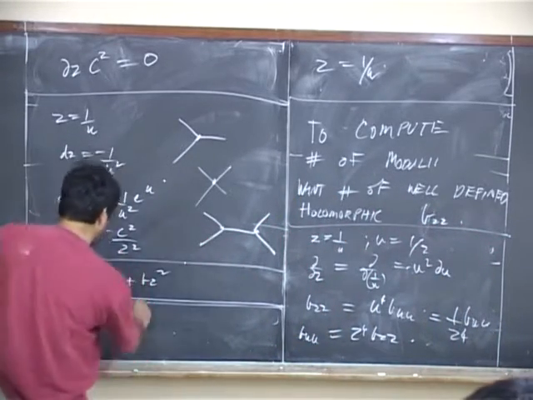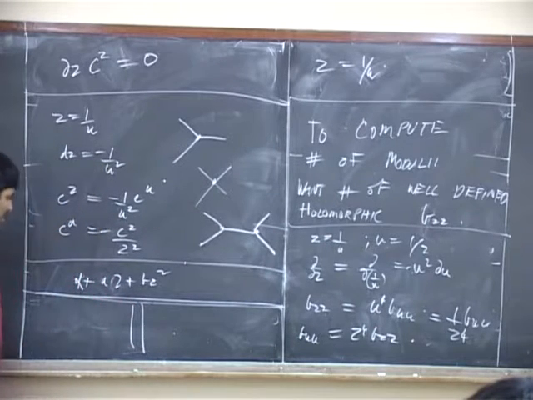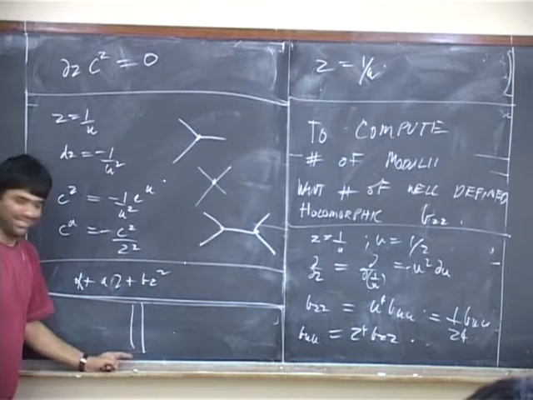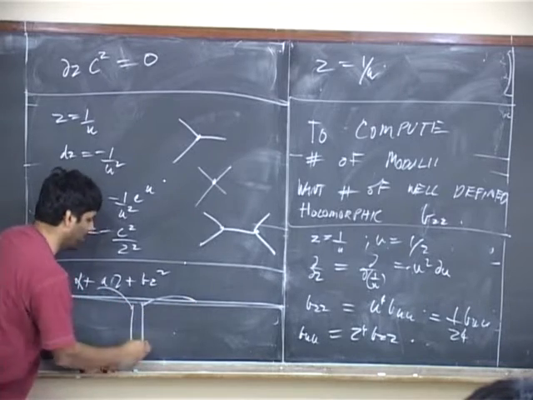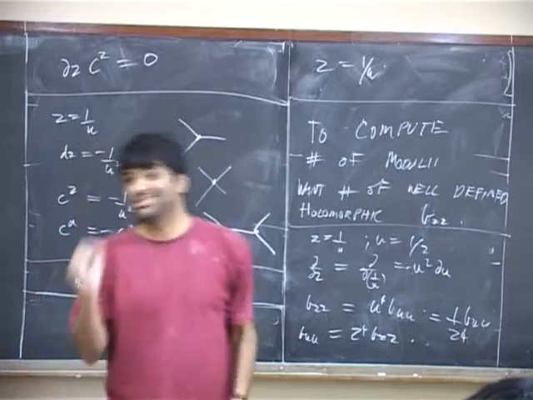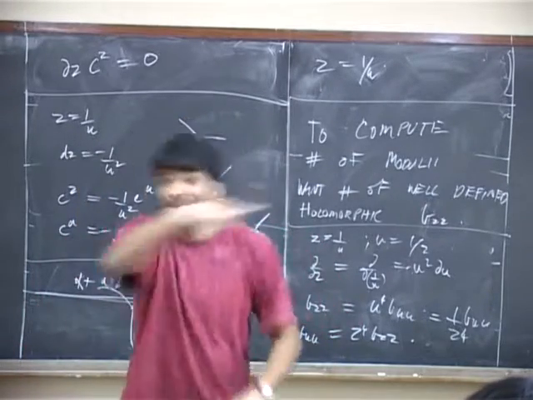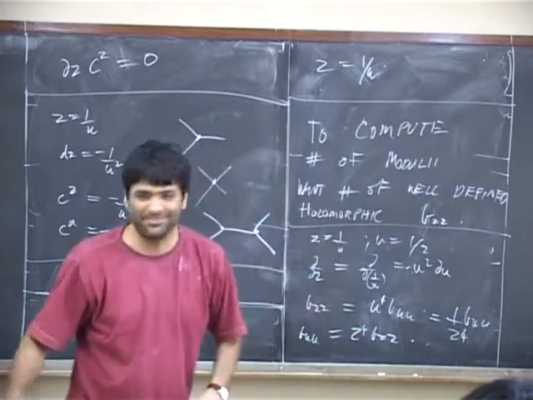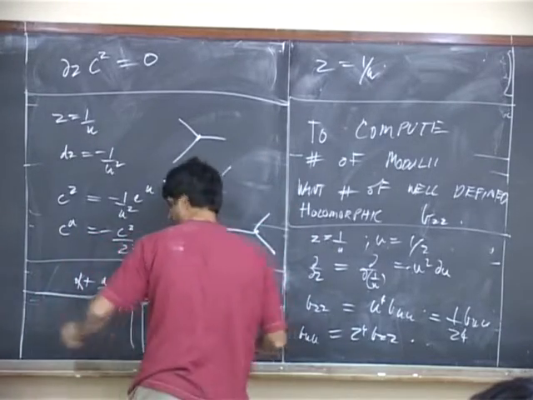And in that case, what we'll be doing is taking these strips. Once again, there is some analog of the operator-state correspondence, which tells you that having these strips is the same as inserting an operator at the boundary of the worldsheet.